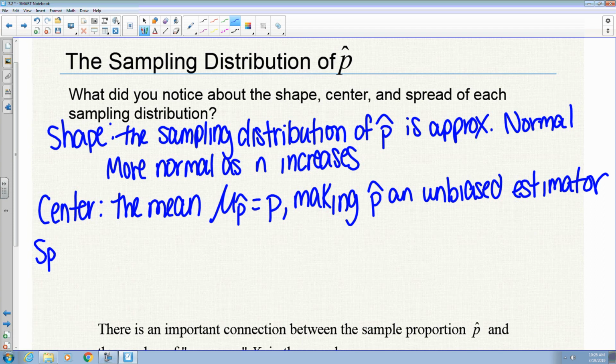Okay, spread. The standard deviation we noticed on both those Reese's Pieces examples, the standard deviation of p hat, got smaller as n increases.